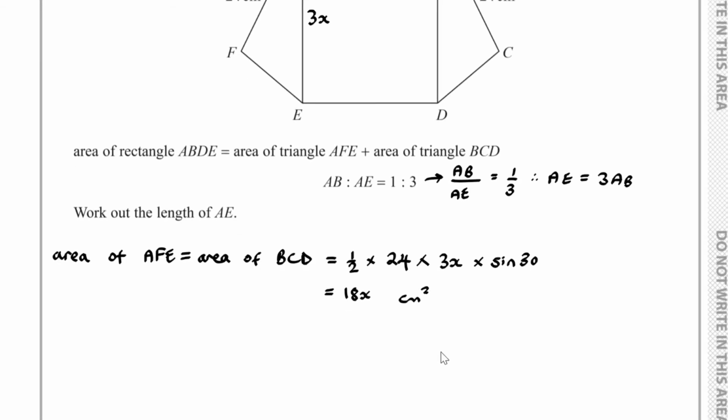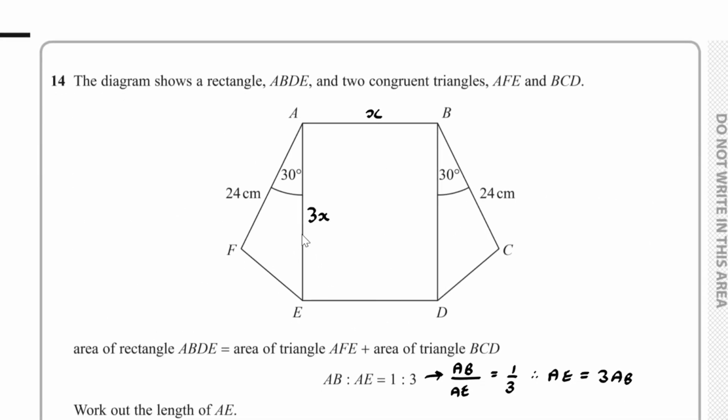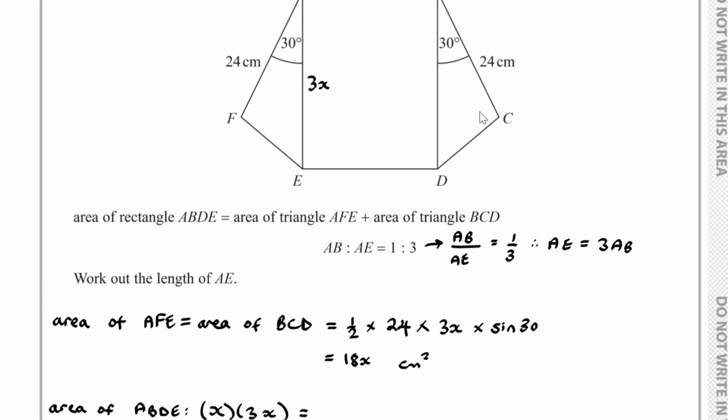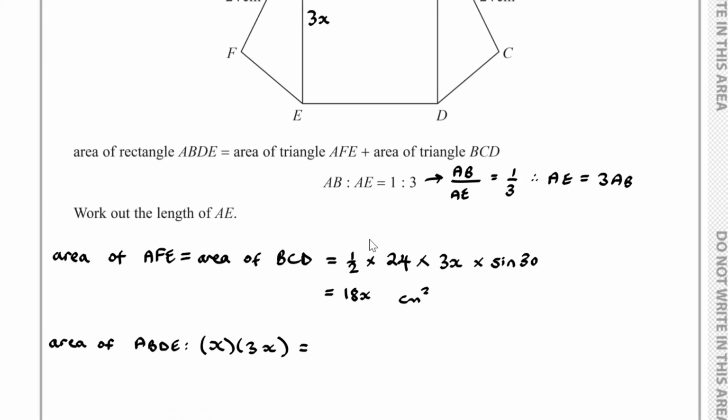Okay, so the area of ABDE will equal the area of the rectangle, x times 3x. So here we have x times 3x, and this is equal to the area of this triangle here plus this triangle here. So here we have 2 times 18x.